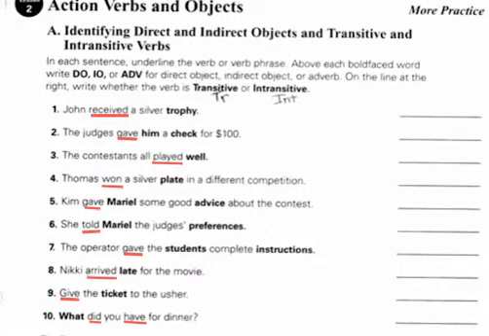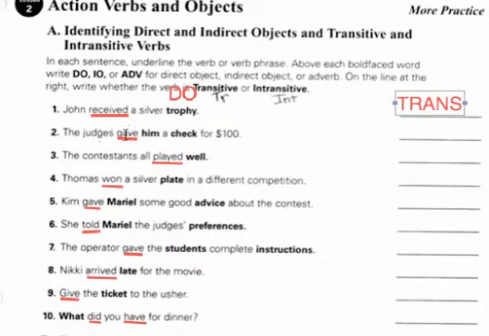Do we have some kind of a direct object? We do. So let's write direct object right above the word trophy. The action of that verb is transferred to trophy. That's our direct object. And because it has a direct object, it makes it a transitive verb. So we're going to write trans over here.